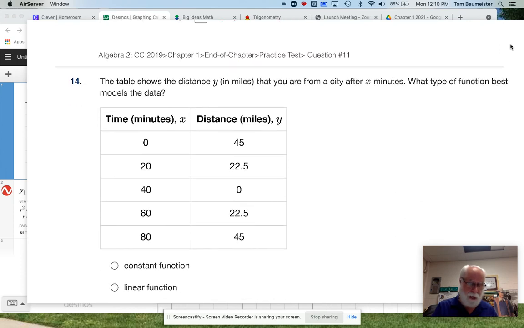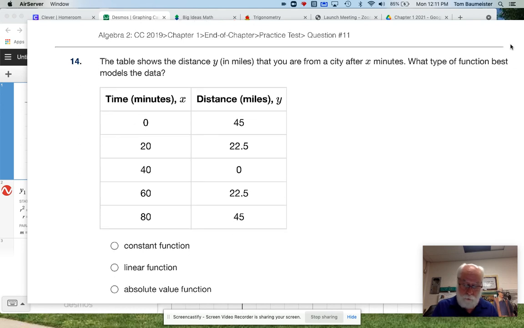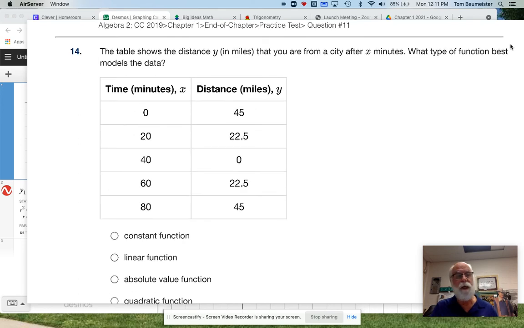So the table here shows the distance y in miles that you are from a city after x minutes. What type of function best models the data? So again, you could put it in, ladies and gentlemen, but kind of look at what we're doing. We are going from 0 to 45.